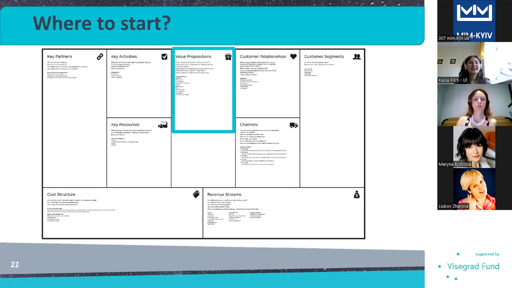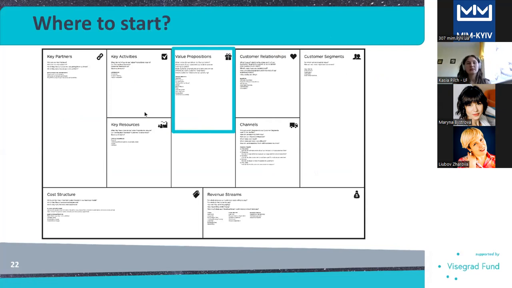As I mentioned before, it's good to start with value propositions. I think that works best, but honestly, you can start wherever you want. Value proposition just makes the most sense because it relates to the value you create for your customer, that your customer needs.